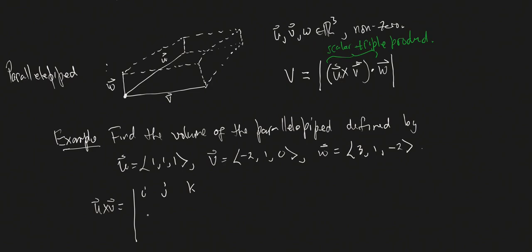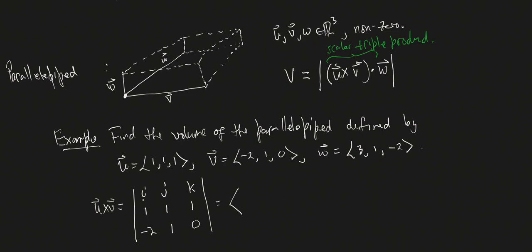So in this case, 1, 1, 1, and then -2, 1, 0, right? Now I'm going to write this out in angled bracket form, without simplifying it too much.